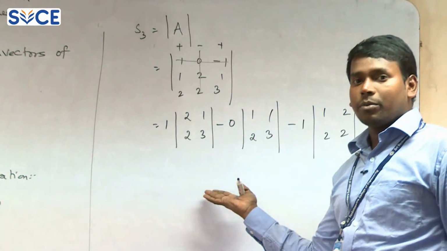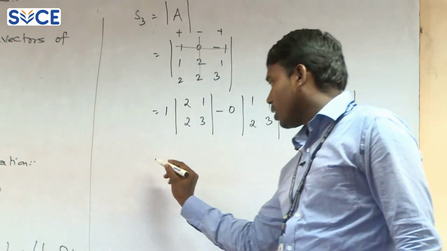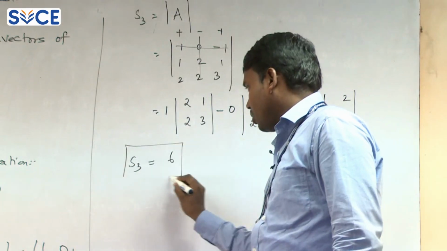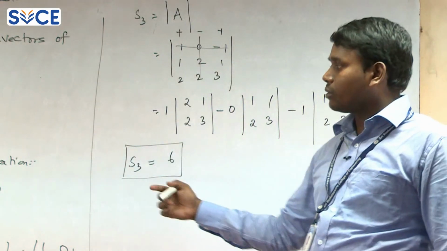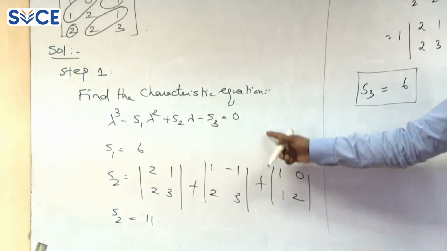Now these are 2 by 2 determinants. As usual, up to down, then down to up, the final answer is 6. S3 equal to 6.